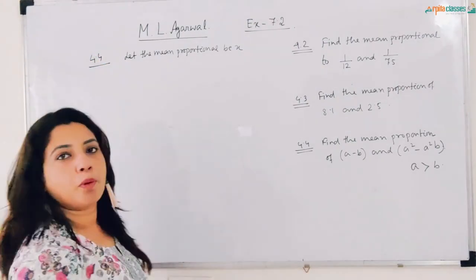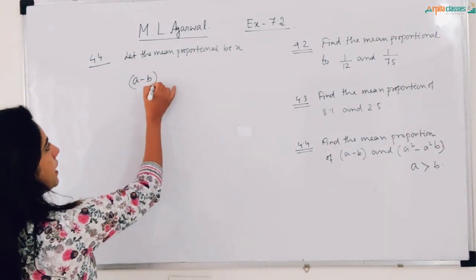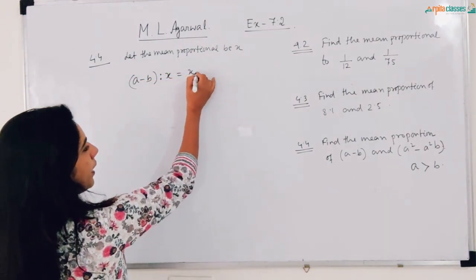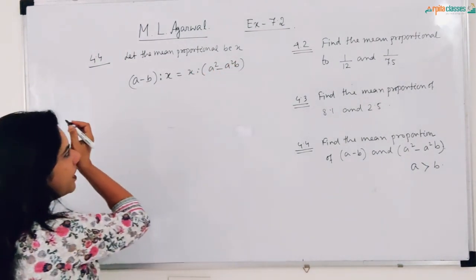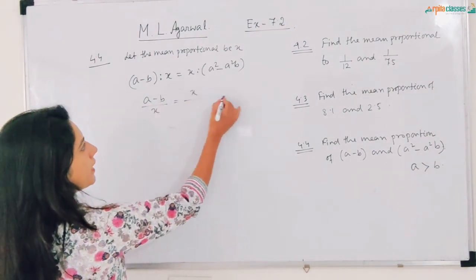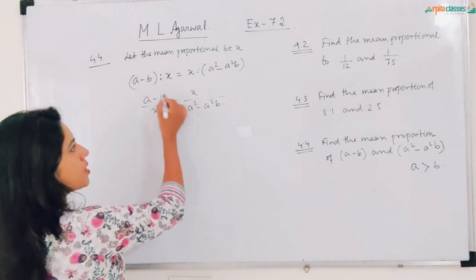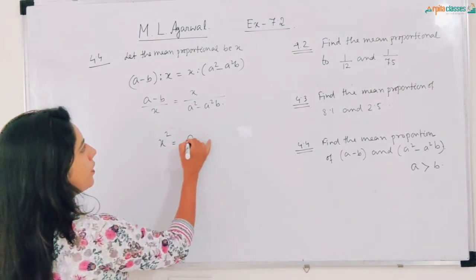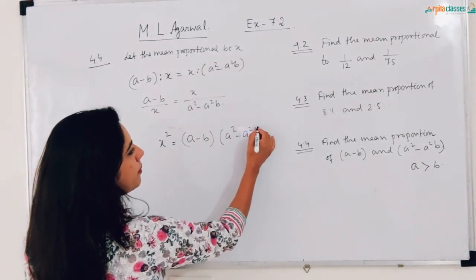Again you consider the mean proportional to be x. So we can write a minus b is to x is equal to x is to a square minus a square b. Now, this means a minus b upon x is equal to x upon a square minus a square b. Cross multiply, you get x square is equal to a minus b into a square minus a square b.